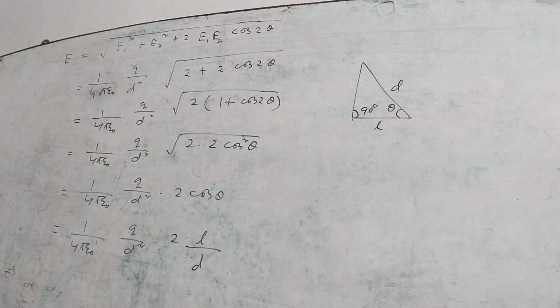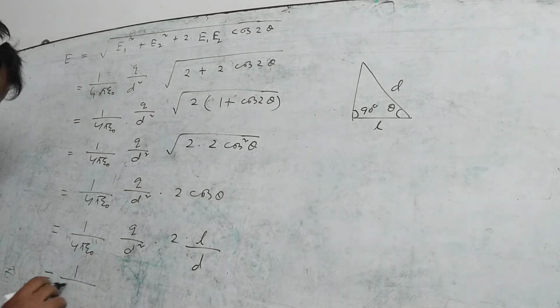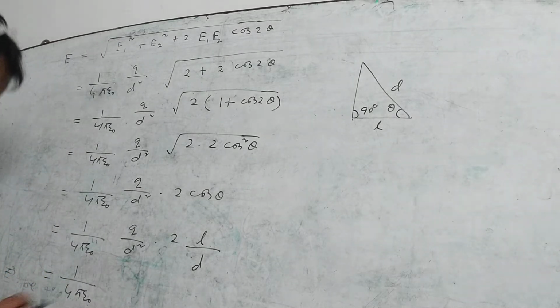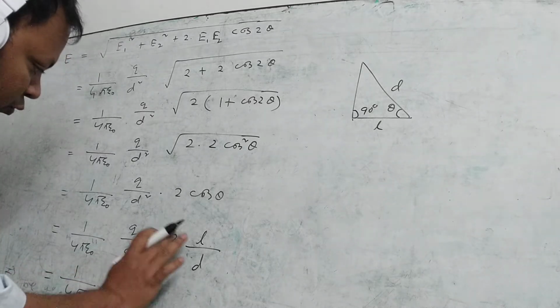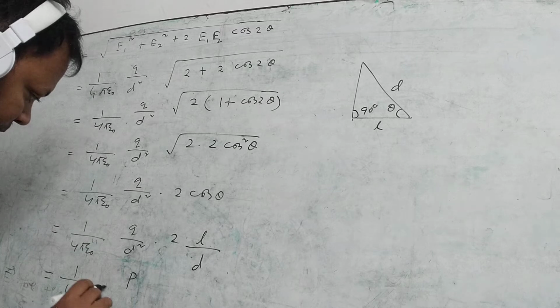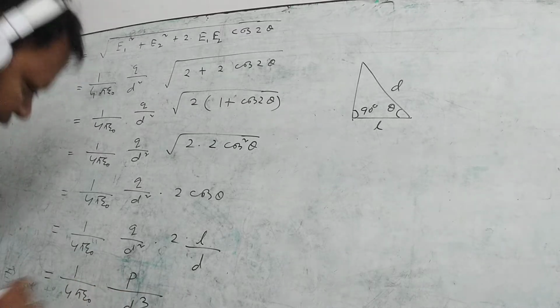This is equal to 1/(4πε0) 2qL/d², this is p/d².